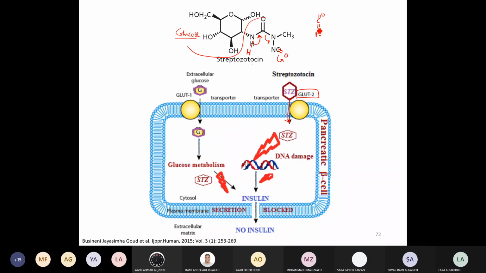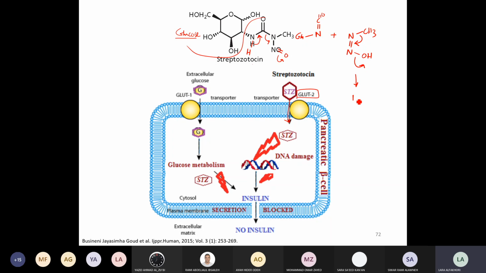Monofunctional? Yes, exactly. It will definitely monoalkylate the DNA. This is the glucose part. The other part is this one, CH3, double bond with the nitrogen, N-OOH. What happens later on is very similar to the other nitrosoureas we talked about.